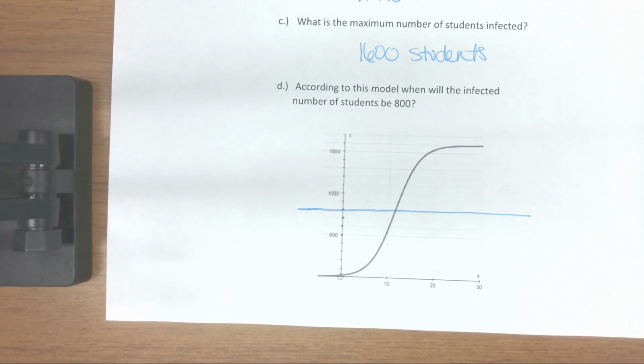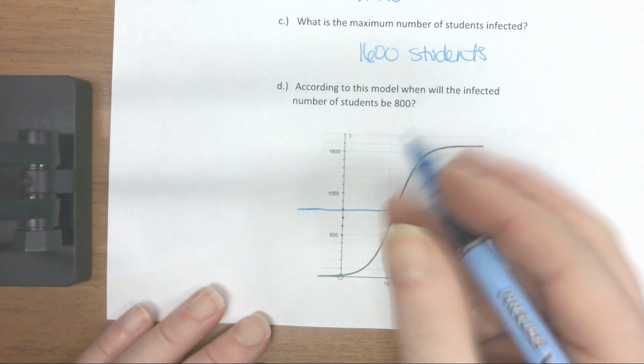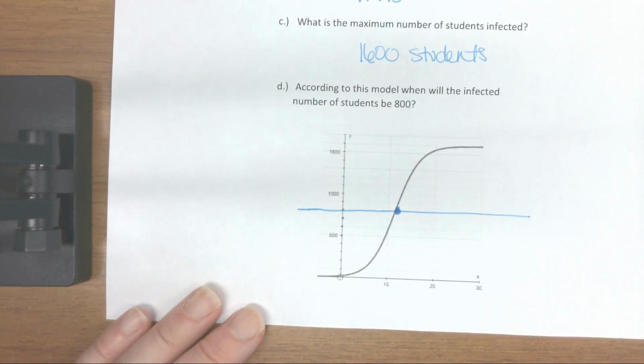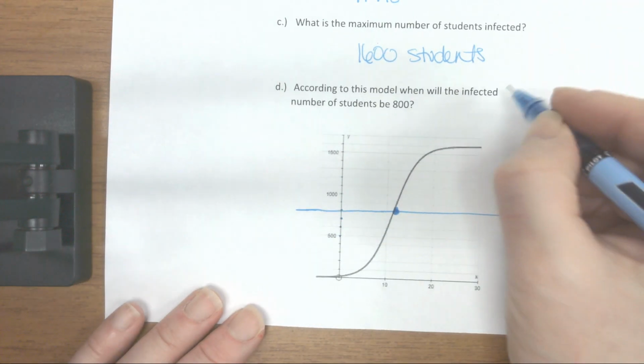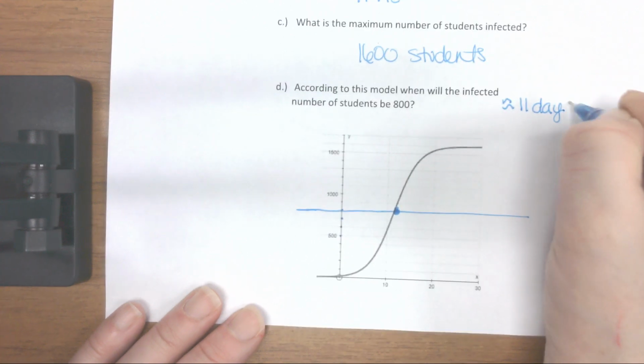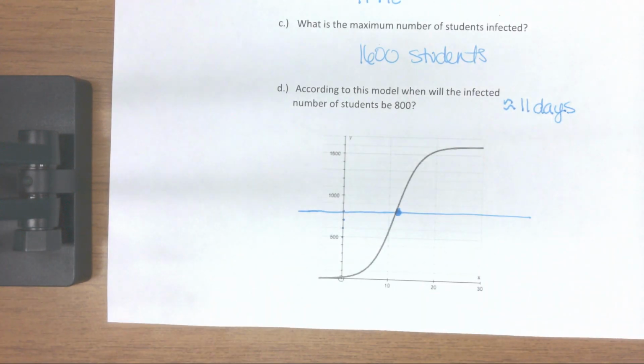What would you say that is about? When we learn about logarithms later on, we'll talk about how you can solve that algebraically. But for today, we're going to just solve things graphically.